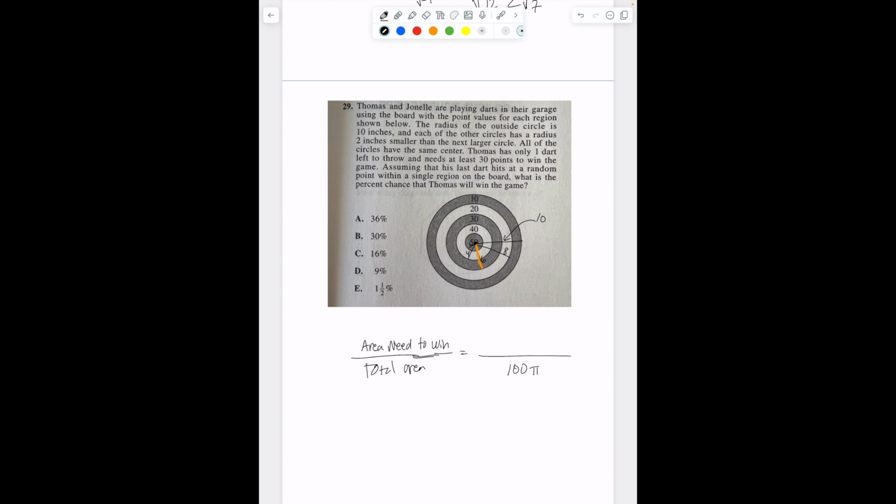So we just find the radius of that section there, the area needed to win, because this radius encapsulates everything, the 50, the 40, and the 30. So we do pi r squared equals pi 6 squared equals 36 pi. Then the pi's cancel out, and we have 36 over 100 equals 0.36, 36%. A is your answer.